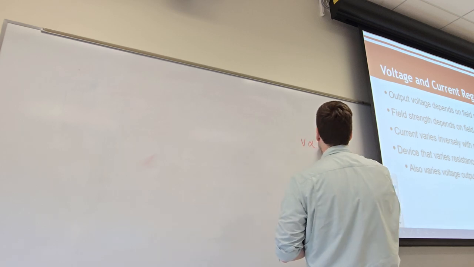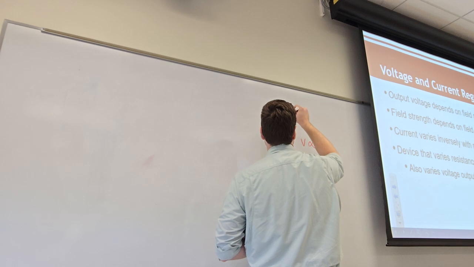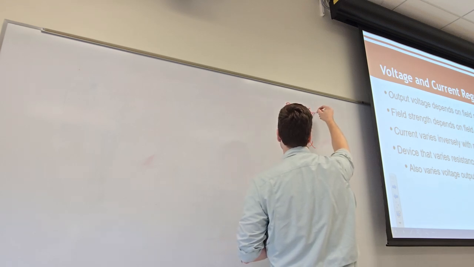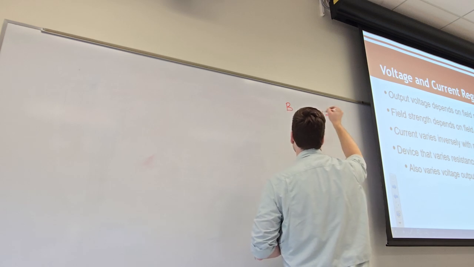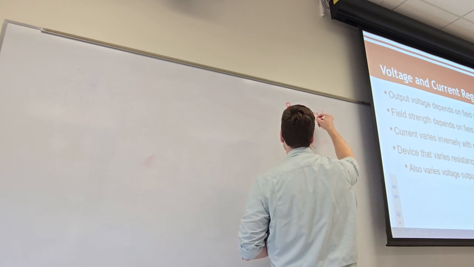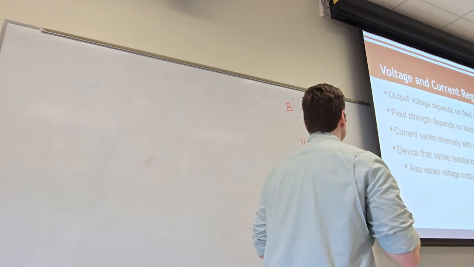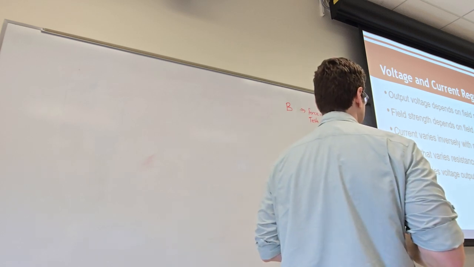Just so you guys know, a reminder, B, capital B, in math problems is like the force of magnetism. It's often derived in Tesla. Essentially the voltage that we get out of it scales with the magnetism that we put into it.